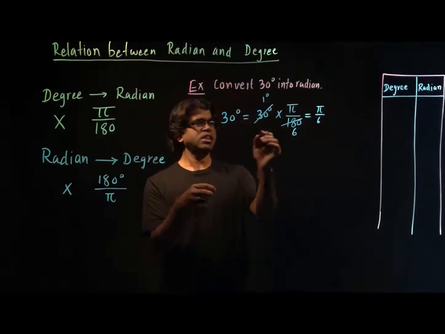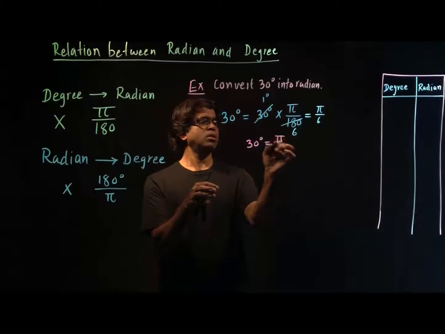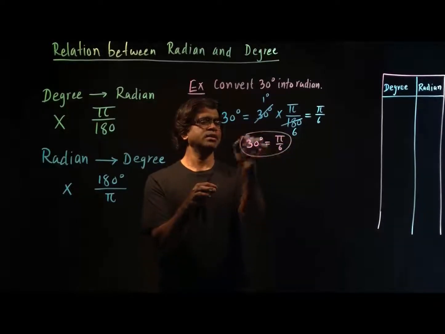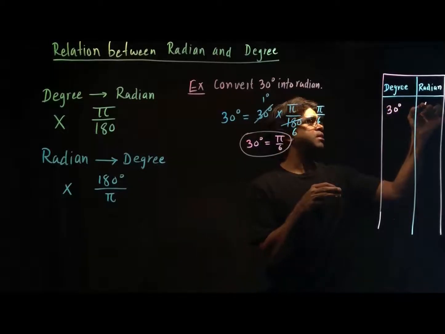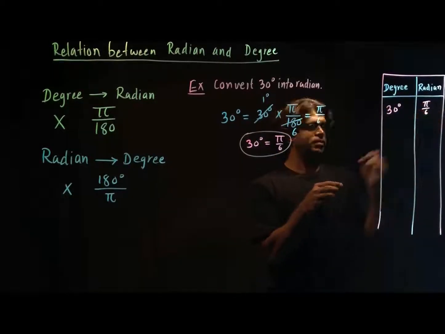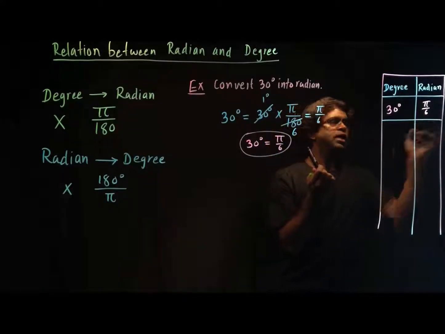You can see 30 degrees is pi over 6 radian, so I'm going to write it here. 30 degrees is pi over 6 radian. Alright? Now let's move on to the next.